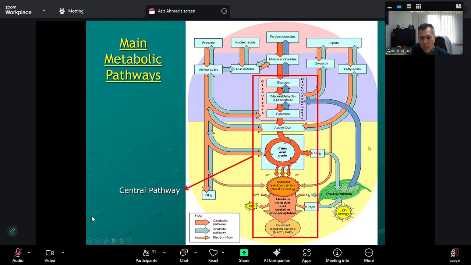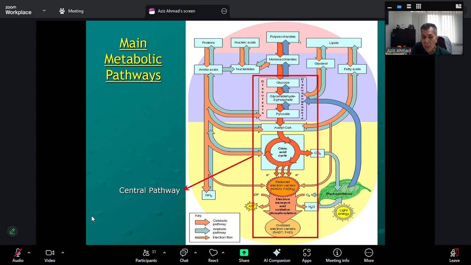This process occurs in organisms under aerobic conditions, meaning where oxygen is available. Organisms that grow in anaerobic conditions do not proceed with this cycle.